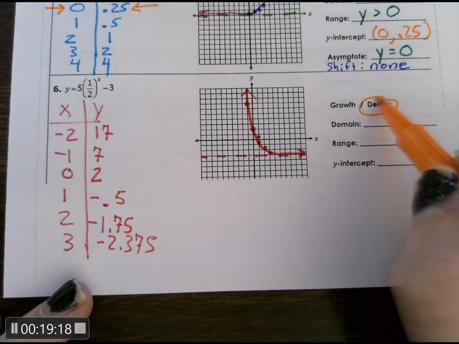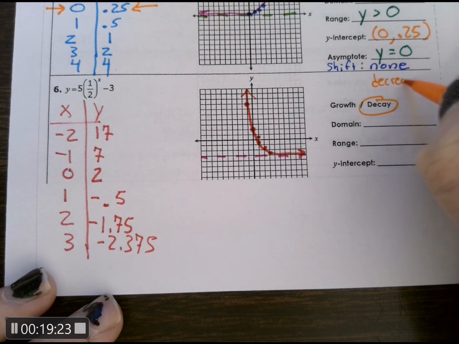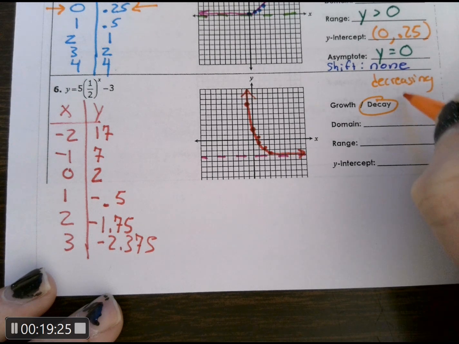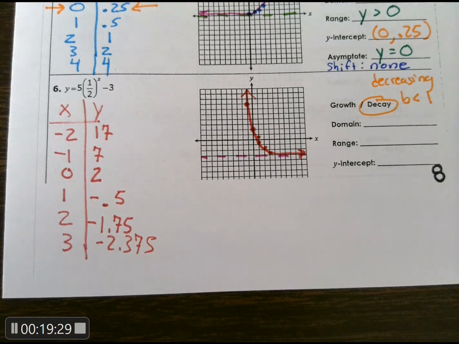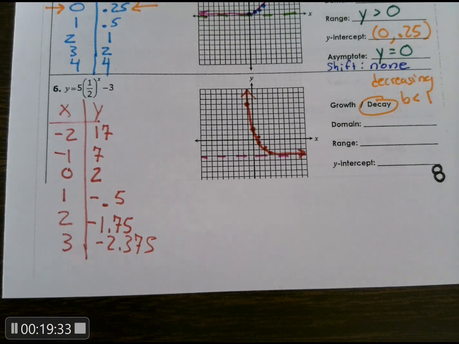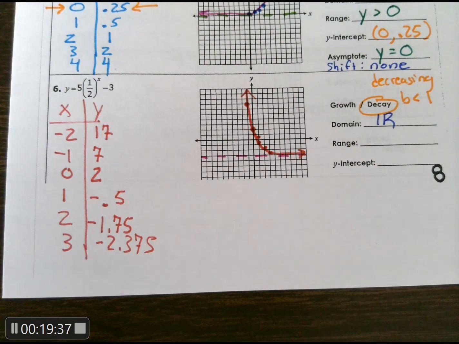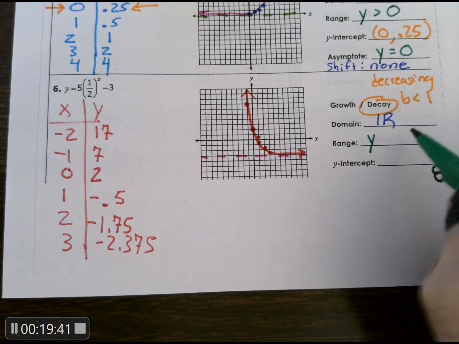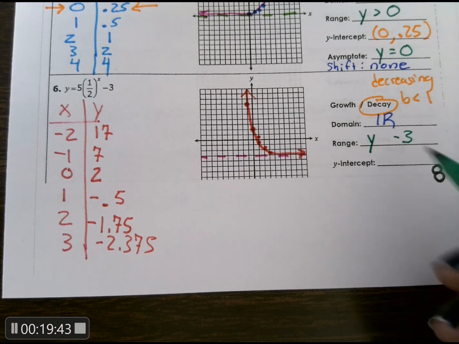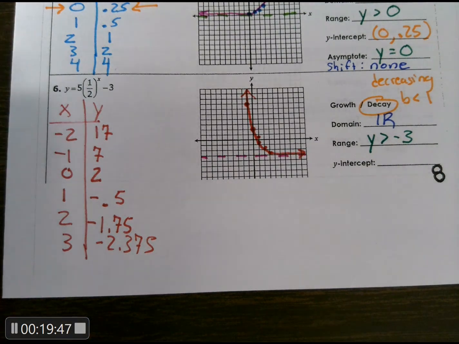Alrighty, and do we have growth or decay? This time we have decay because we are decreasing, and our b value is less than 1. It's a fraction this time. Alrighty, what's my domain? All real numbers. My range is y, my asymptote is negative 3, and since my graph is above, y is greater than negative 3.